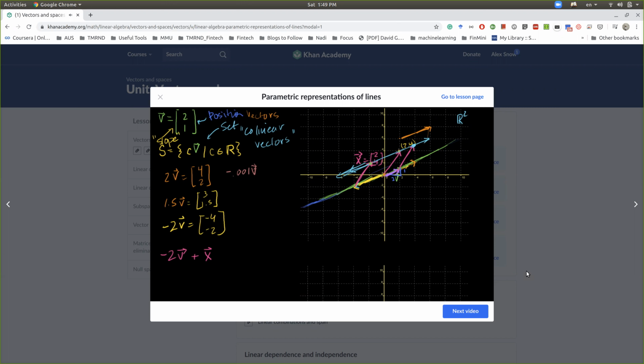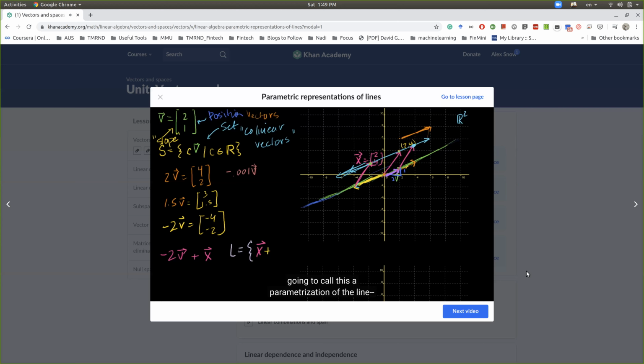So when I define my set S as the set of all points where I just multiply v times the scalar, I got this thing that went through the origin. But now let me define another set. Let me define a set L, maybe L for line, that's equal to the set of all vectors x, the vector x, plus some scalar, I could use c, but let me use t because I'm going to call this a parametrization of the line.